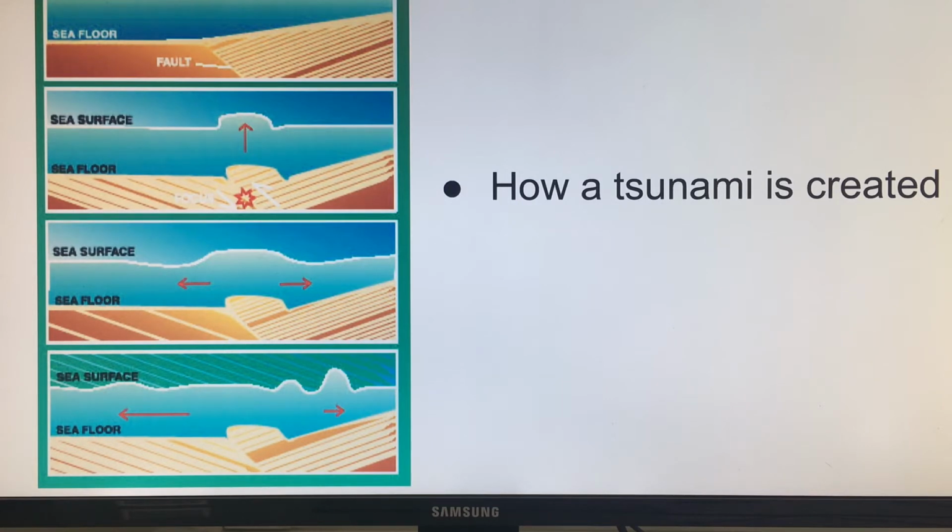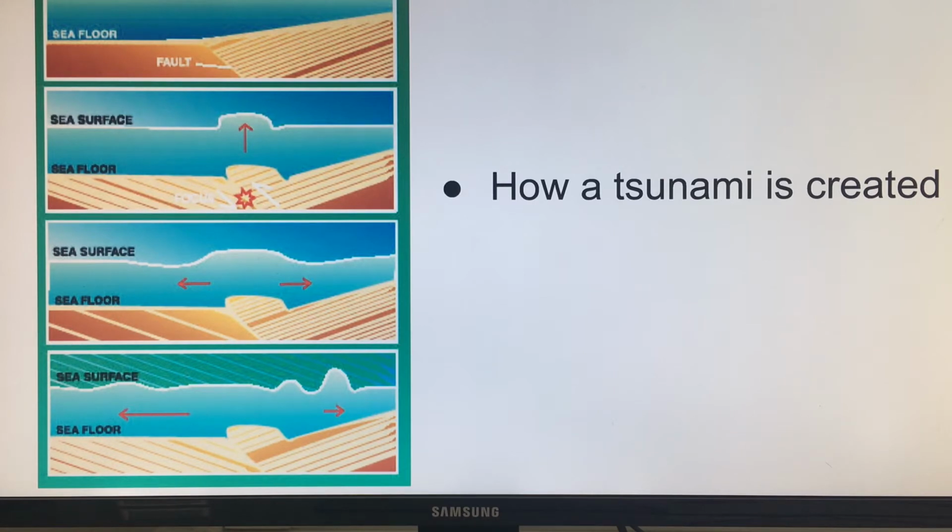Oh, so for example, asteroids and meteorites. Once the debris, the rocks, hit the surface, that will create a lot of rapid movement, and rapid movement, or any type of sudden movement, is how a tsunami is created.